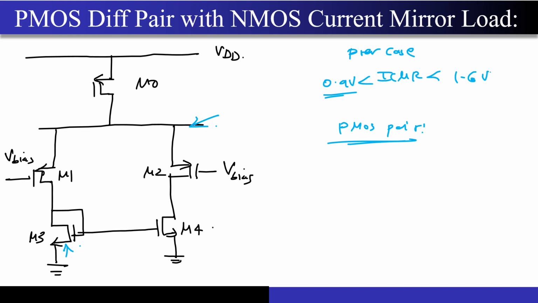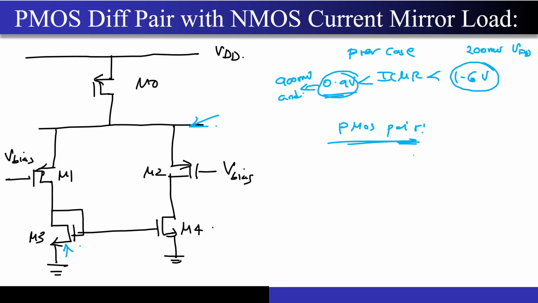What do I mean by biased towards the VDD? Remember, 1.6 volts is just 200 millivolts away from VDD. But 0.9 volts is 900 millivolts away from the ground voltage. This is what I mean by the biasness of the ICMR.